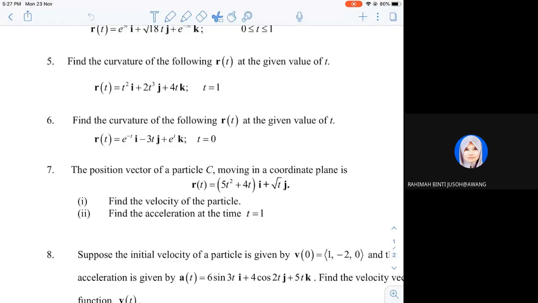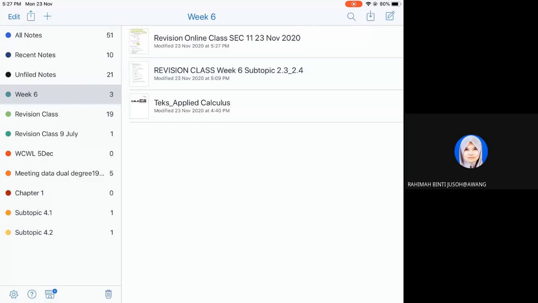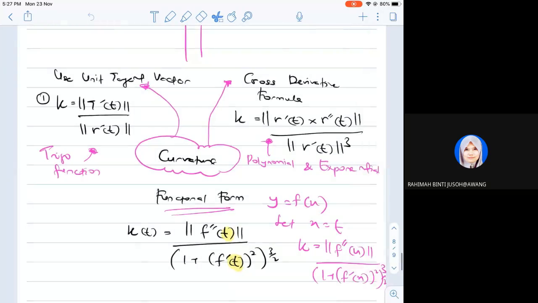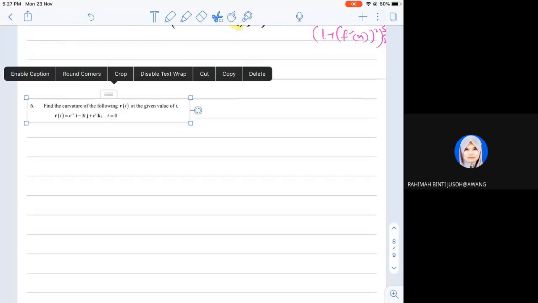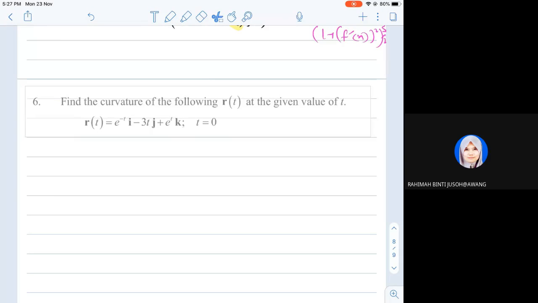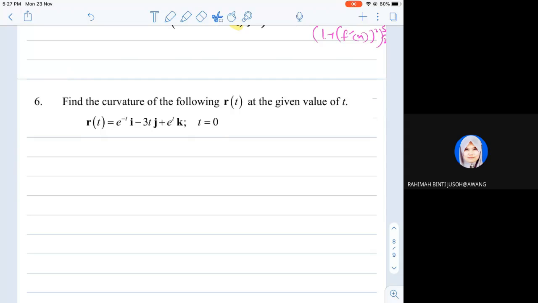Okay, let's do question number 6. There is exponential, there is trigo, there is polynomial. Find the curvature. Guys, if you look at this question, which formula would you prefer to use?